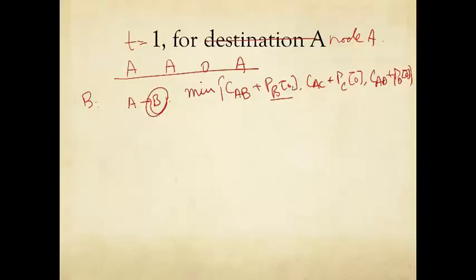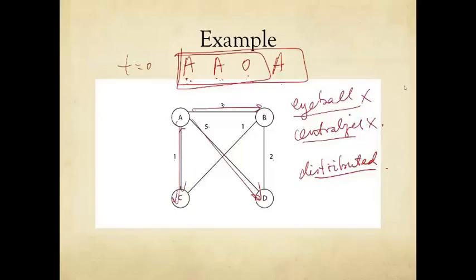You may say, hold on a second, how do I know these numbers? Well, you know the numbers because your neighbors just told you. At the conclusion of the last iteration 0, they just sent you these kinds of messages. So you know the numbers.